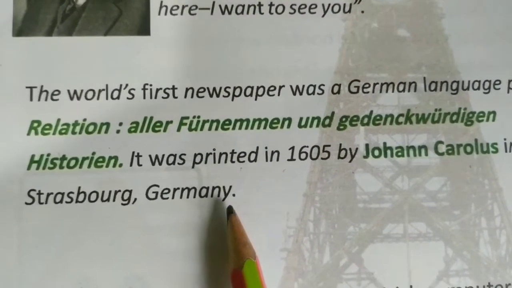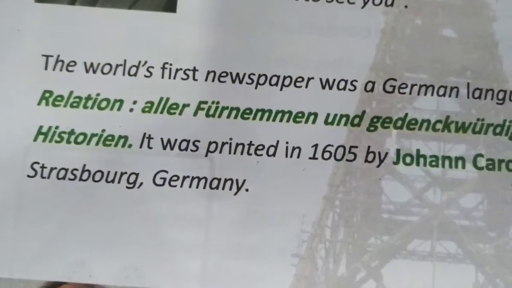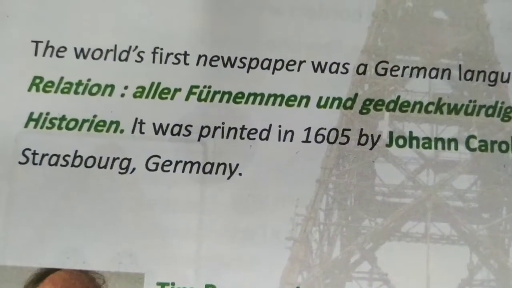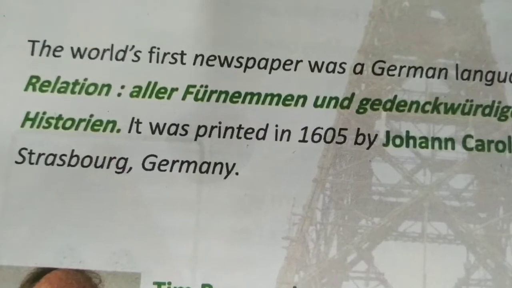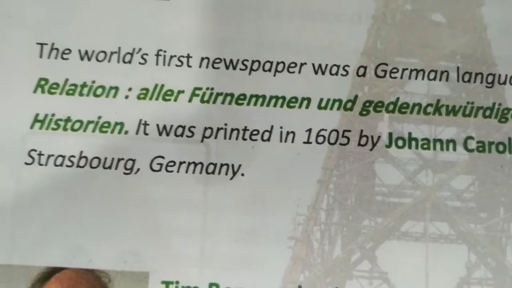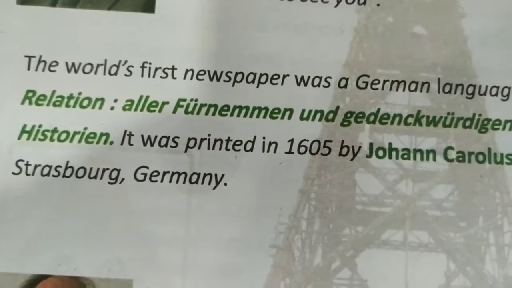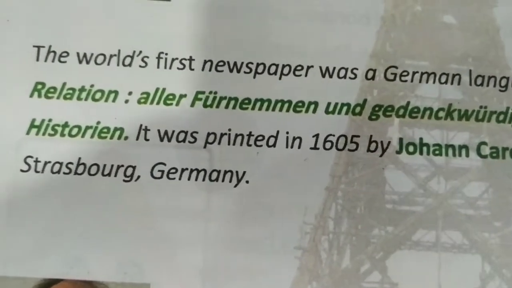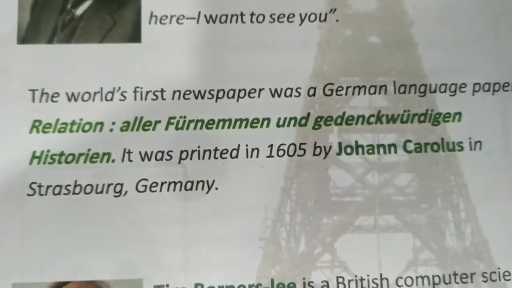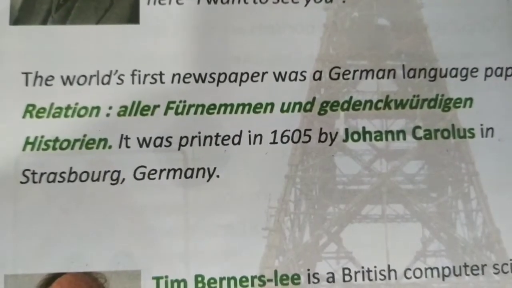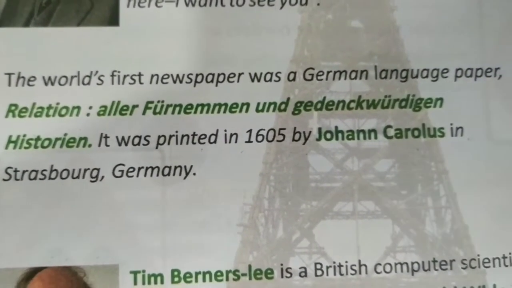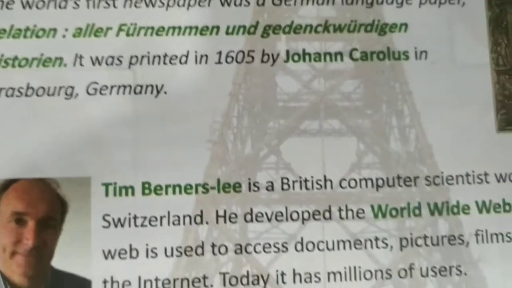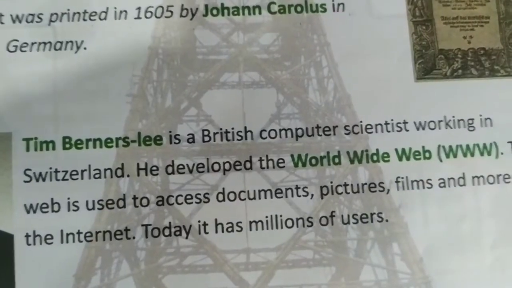In Germany. A newspaper was printed regularly so that the citizens in that area could update themselves with the local news, what is happening around. So newspaper helps us to know what is happening in the country. Now let's move to the next one.